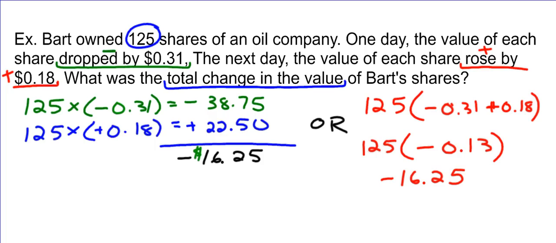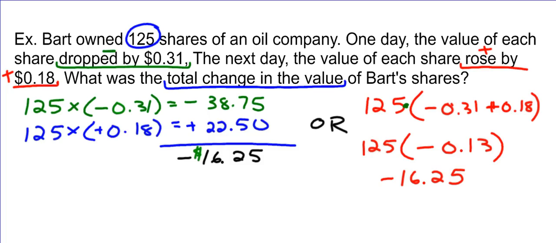On the right-hand side, we have 125 times negative 31 cents plus 18 cents. So we're finding the difference in the money per share instead of finding the difference in the total, like we did on the left side. Negative 31 plus positive 18 gives negative 13 cents. So overall, the shares lost 13 cents per share.